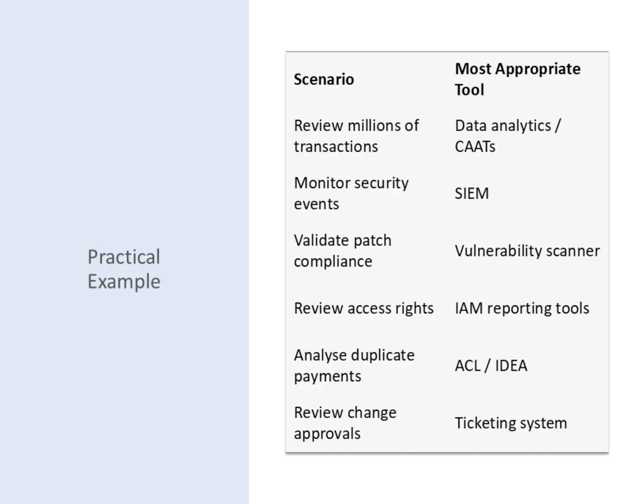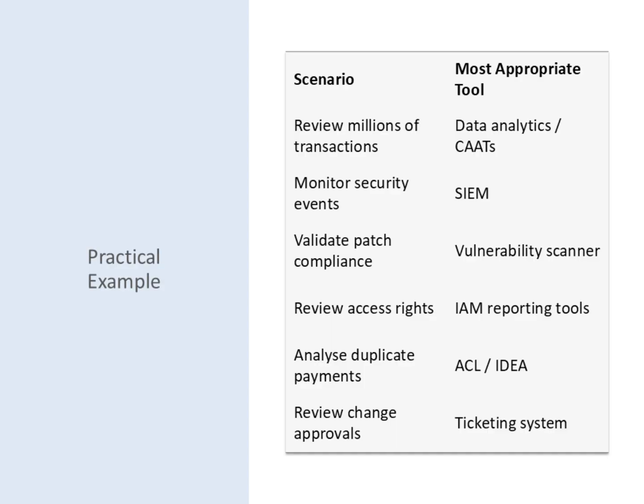Let's look at some practical examples of how auditors match the right tool to the right audit objective. If the auditor needs to review millions of transactions, data analytics tools or CAATs would usually be the most appropriate choice because manual testing would be impractical. When monitoring security events and log activity, auditors often rely on SIEM platforms to analyze alerts, suspicious activity, and potential security incidents.